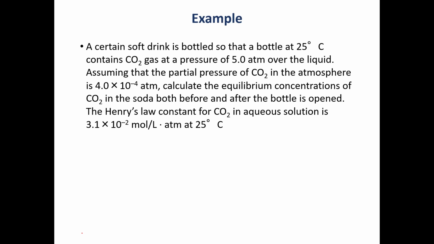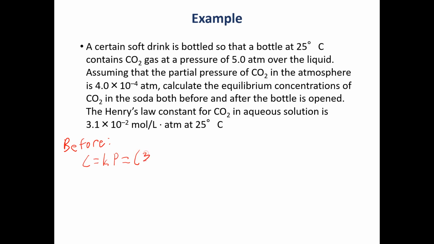So, let's take a look at this. Before we open the bottle, we have the carbon dioxide under partial pressure of 5 atm. So we're told that the concentration is equal to the Henry's law constant times the partial pressure.